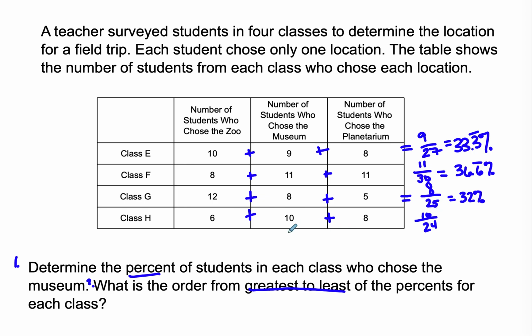And then we had 10 for the museum. So 10 divided by 24 gives us 41.6% repeating. Okay, greatest to least, greatest was H. The next biggest was F. The next biggest was E. And then the smallest was G.